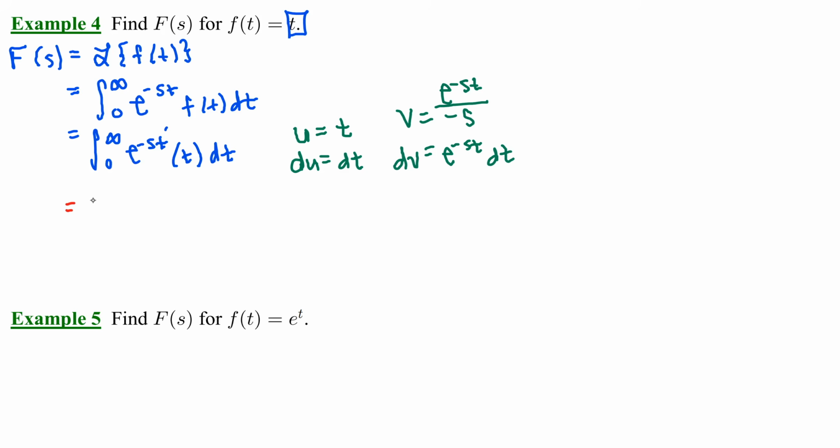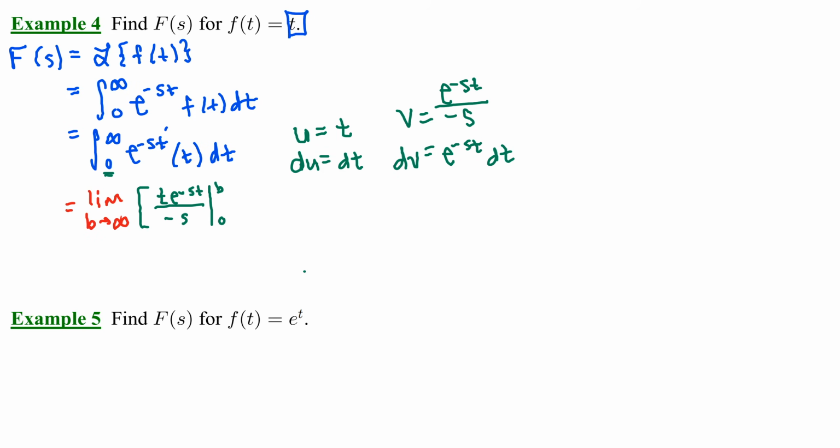We're going to execute a couple of steps all at once here, so hang with me. We want to rewrite this as a proper expression. That is, we want to get rid of that infinite upper limit of integration and convert that into information maintained with that limit operator. At the same time, we want to apply our integration by parts formula. So we have u times v, that's going to be t e to the negative st divided by negative s, and of course we'll need to evaluate this from 0 to b.